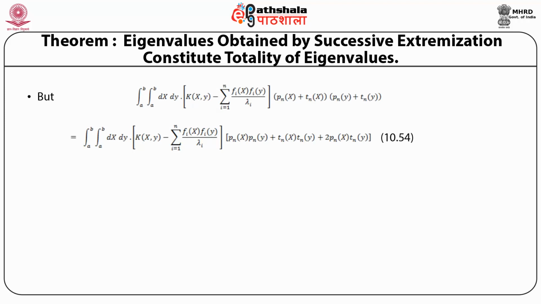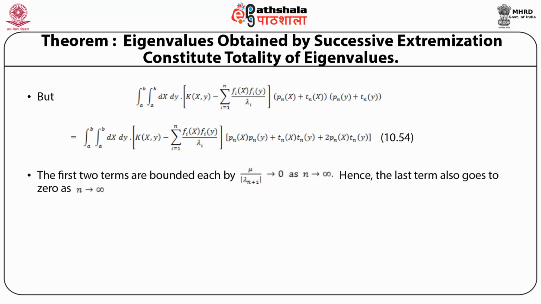But the two-dimensional integral over dx dy from a to b of the integrand K(x,y) minus a summation over i from 1 to n of the product of functions f_i(x) f_i(y) divided by lambda_i, and the whole thing multiplied by (p_n(x) plus t_n(x)) and further multiplied by (p_n(y) plus t_n(y)), this integral is equal to the integral over dx and dy of the kernel K(x,y) minus the sum over i of f_i(x) f_i(y) divided by lambda_i, the whole thing multiplied by p_n(x) p_n(y) plus t_n(x) t_n(y) plus 2 p_n(x) t_n(y).